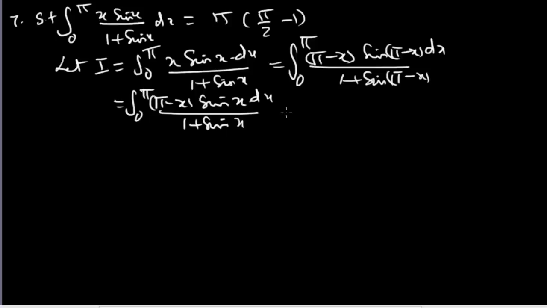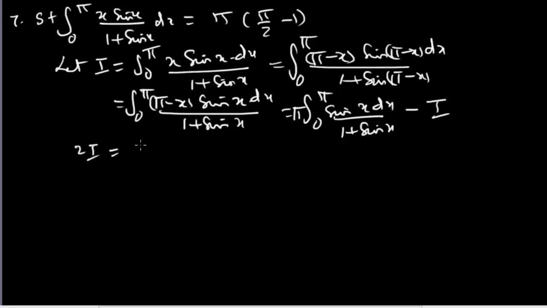This problem can be divided into two problems: pi I take out, sin x dx by 1 plus sin x, minus x sin x by 1 plus sin x. That is nothing but your problem, that is minus I.